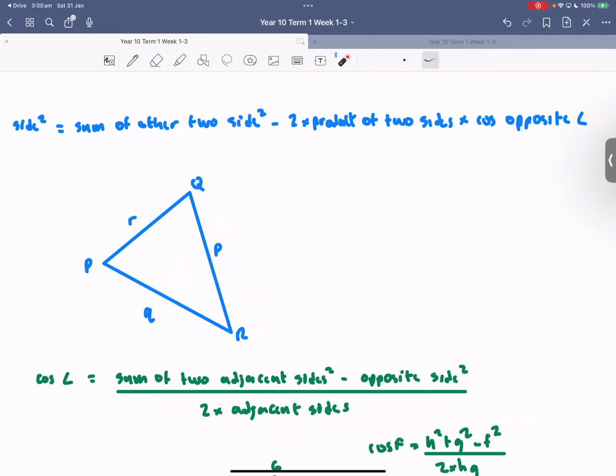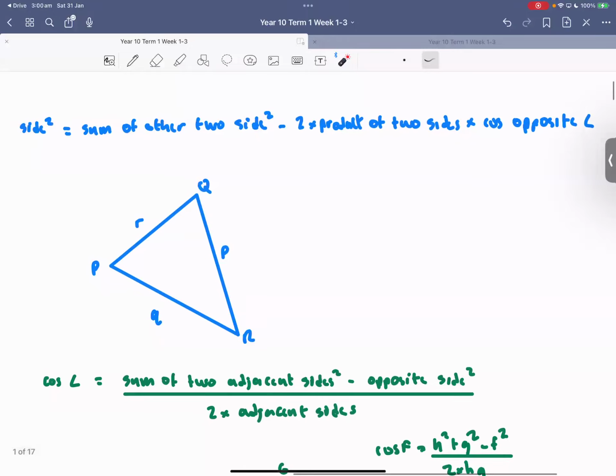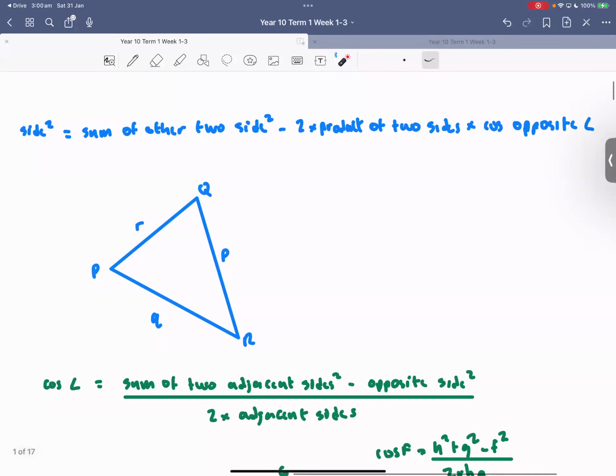That's the way that I'd rather you memorize it. Any side squared is the sum of the other two sides squared, minus 2 times the product of the two sides times cos of the opposite angle. That's probably going to be easier.